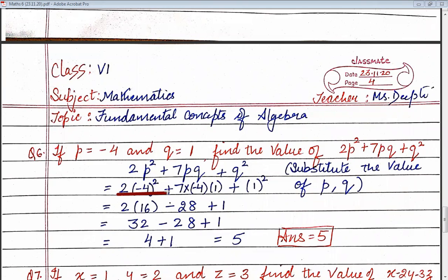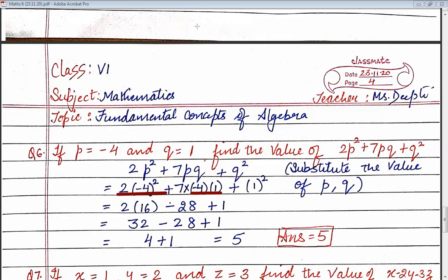Now next, plus 7 times p, minus 4, multiply q, that is 1. Here p is minus 4 and q is 1. So it is 7 into minus 4 into 1. Now last term is q square. Let's substitute the value of q as 1. And it becomes 1 square.